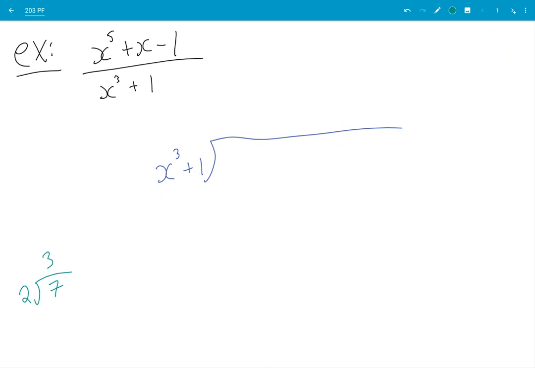And then 3 times 2 is 6. And then you perform this subtraction. And you call this the remainder. So we're going to do pretty much the same thing here. So I put my denominator there. Just like over here, we had 7 over 2.